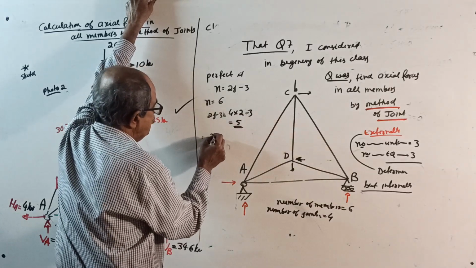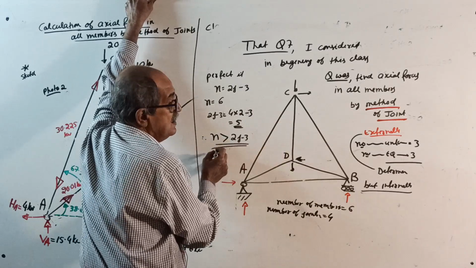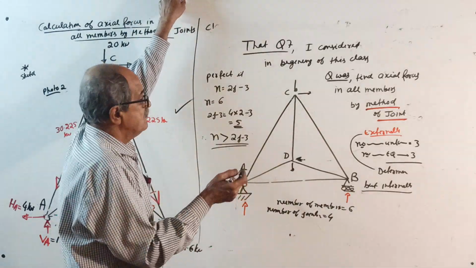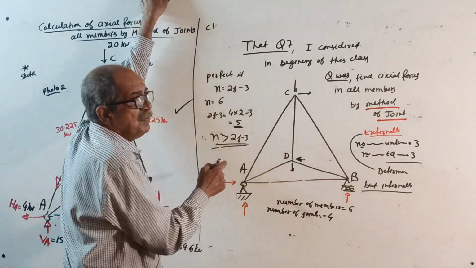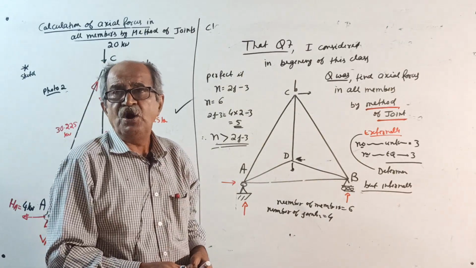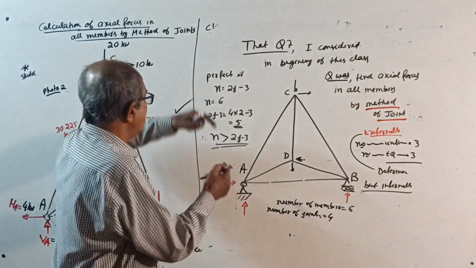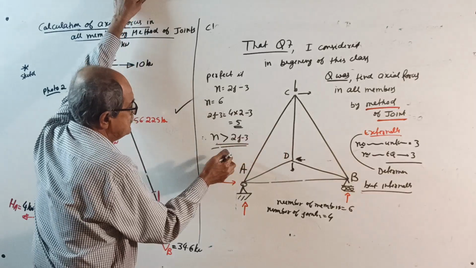Therefore n is more than 2j minus 3. It is not a perfect frame. It is a deficient, it is a redundant frame. See, or I can tell imperfect frame. And when number of members are, if shortage is there, it is deficient or unstable. But when excess member is there, see, actually 5 members required, but 6 members are there.